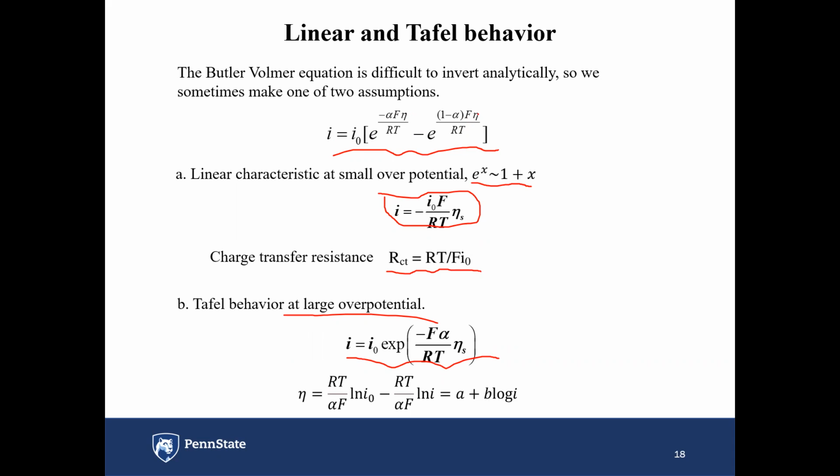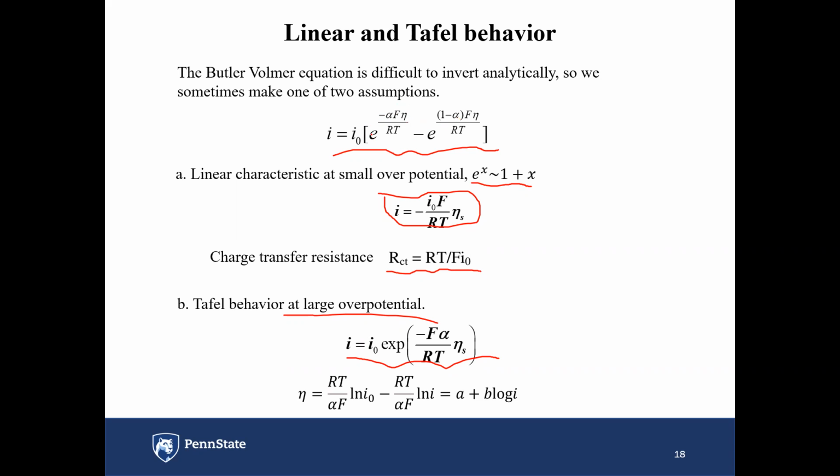When we have a large overpotential, what does that mean? The larger this side is, it will also influence the total, the term of the larger the eta, the smaller this term.